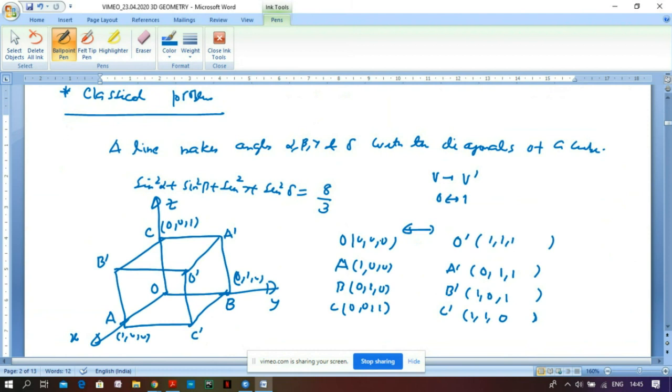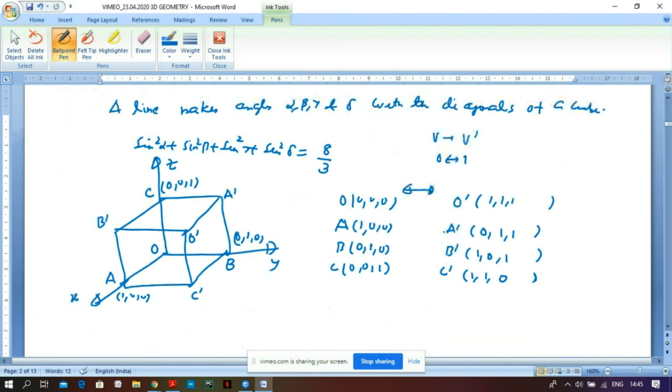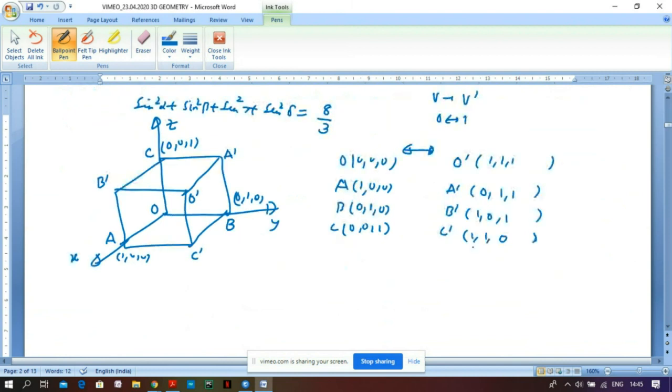This gives a good way to coordinatize the cube. And in many of the problems, you will find this is really effective. In all problems about a cube, we start labeling the cube and write these coordinates, which are quite easy to write. And then we are ready for many more problems. So this is my first good step.